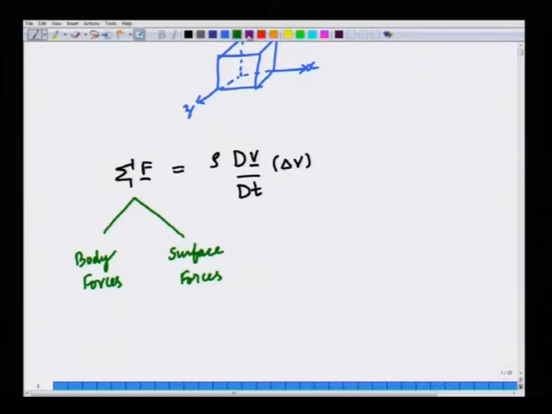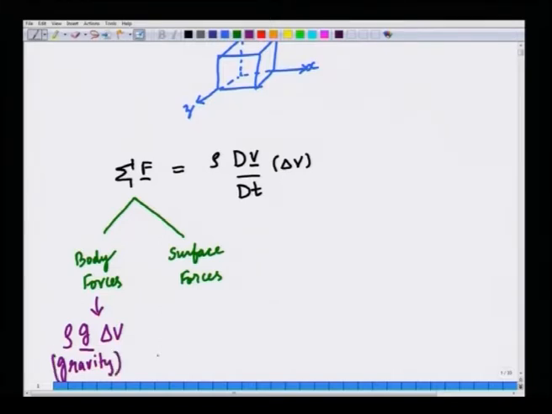Body forces, a common example is gravity. Okay. So, if you have a fluid with density rho present in the control volume and the acceleration due to gravity vector is g, then the force acting on this control volume is mass times g, mg, mass is rho times the volume. So, g is acceleration due to gravity. This is the body force if the body force is due to gravity.